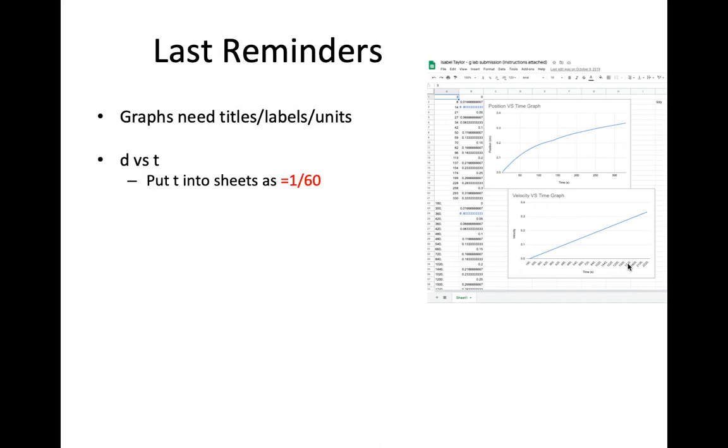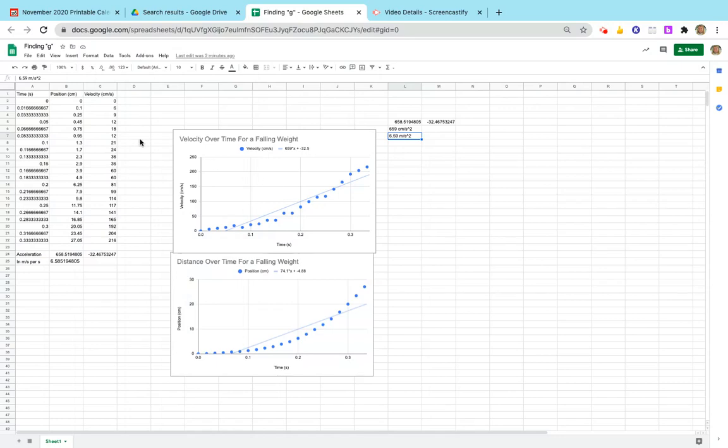For the D versus T graph, make sure that you put the time into Sheets as equal sign 1 divided by 60, equal sign 2 divided by 60, and so on. You'll see in all of these, it's an actual number.